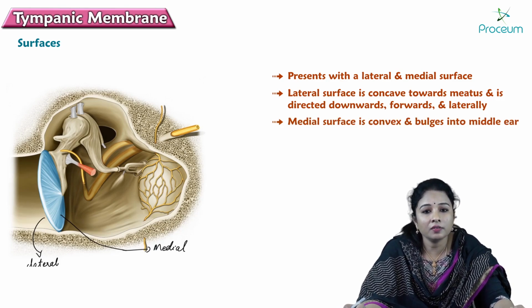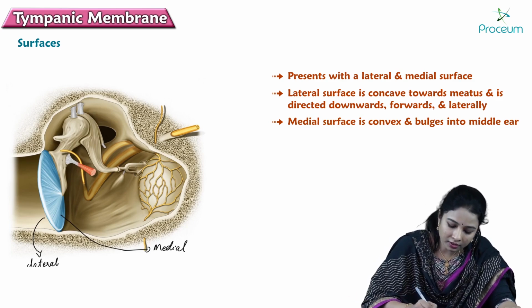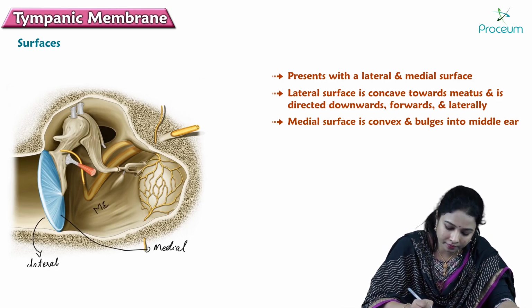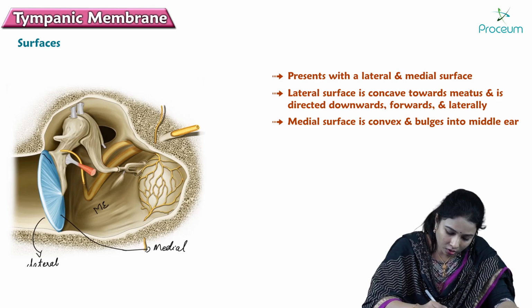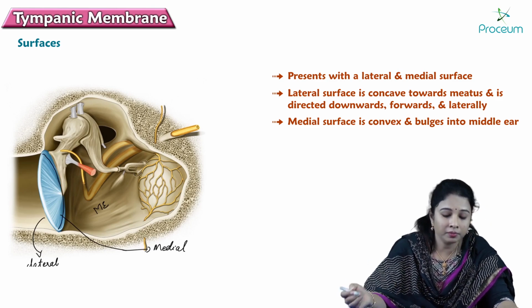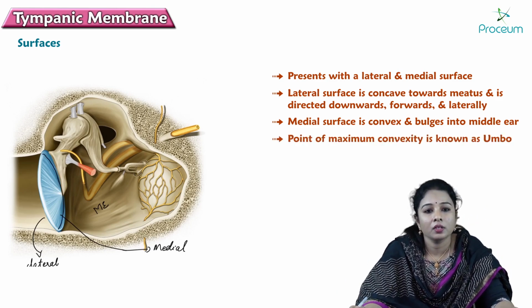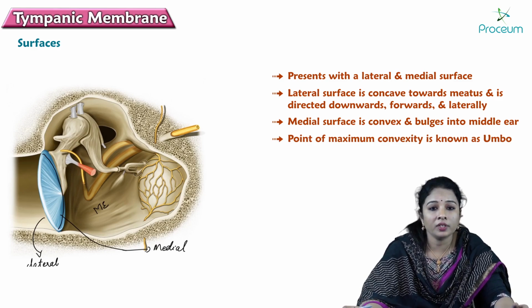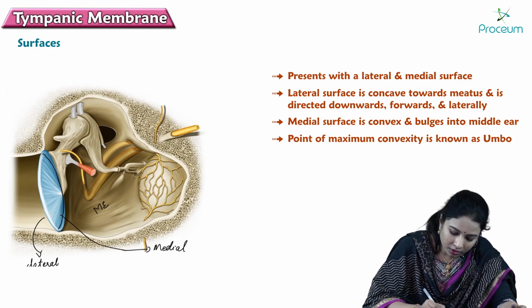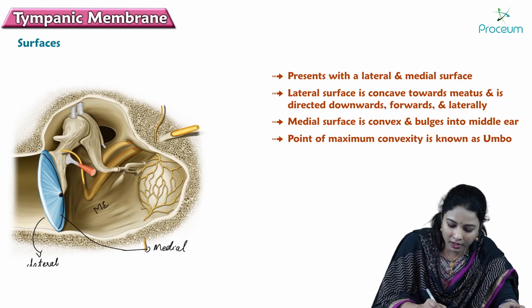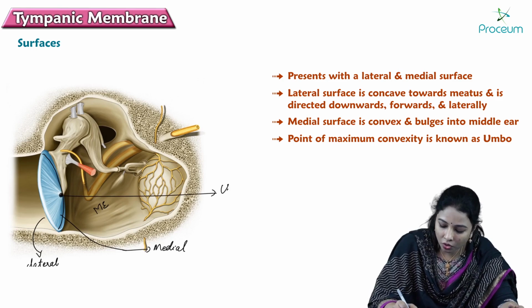Whereas the medial surface is convex and bulges into the middle ear. So here is the middle ear cavity. We can see it is convex towards the middle ear cavity. The point of maximum convexity is called the umbo.